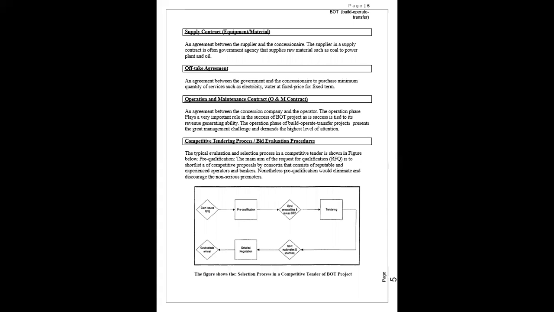So this last contract, the operating and maintenance contract, we can say is a large-period contract, and it is the important contract, as during this contract only the revenue can be generated. In a BOT project, whether it is successful or not is decided on the basis of the revenue.